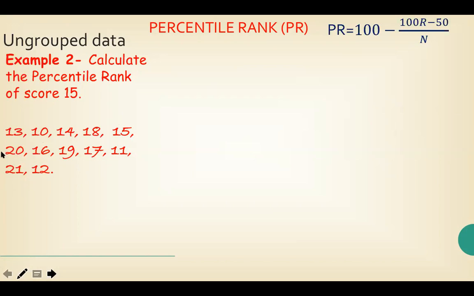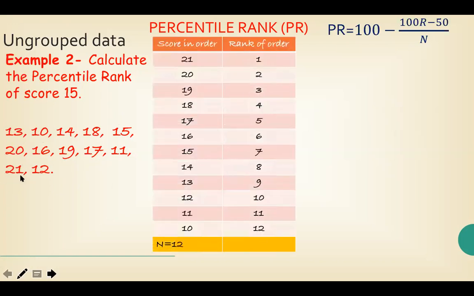Here the highest point is 21, and I arrange it in decreasing order. So 21 has rank 1, and I have 12 observations. The last point is 10, and I have given it rank 12.